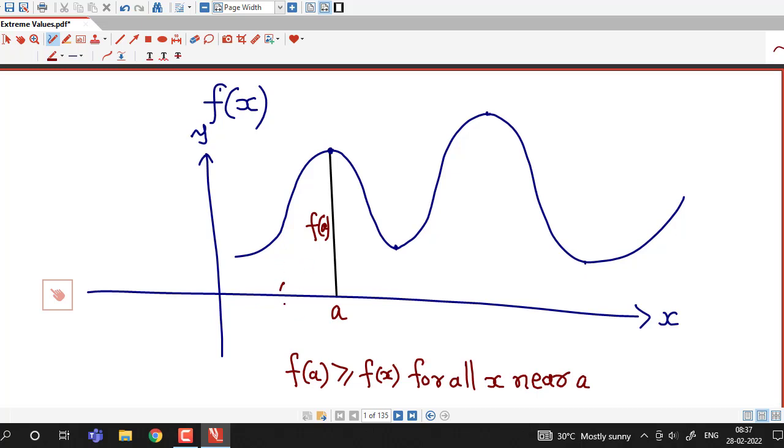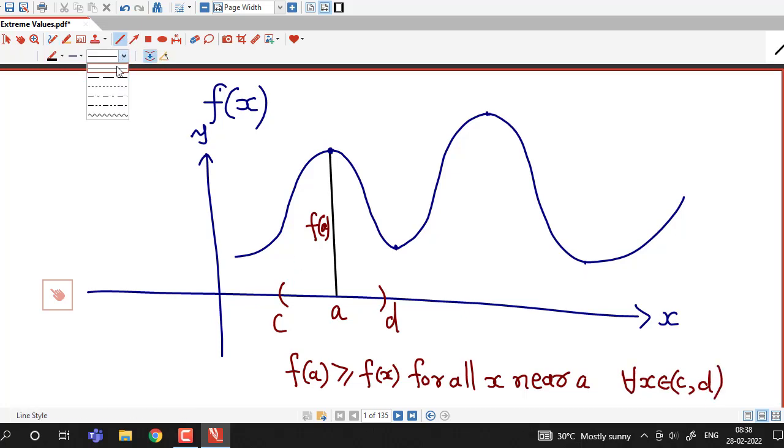For example, if I consider this interval, suppose this point is c and this point is d, then I can say that the value of the function at x equal to a is greater than or equal to f(x) for all x in this interval, for all x belonging to the open interval (c, d).